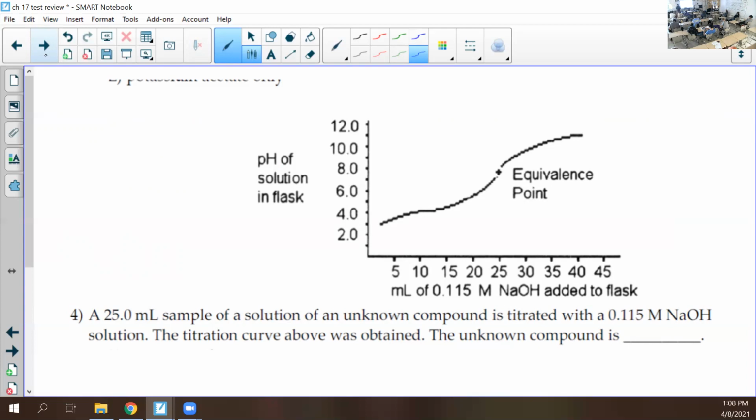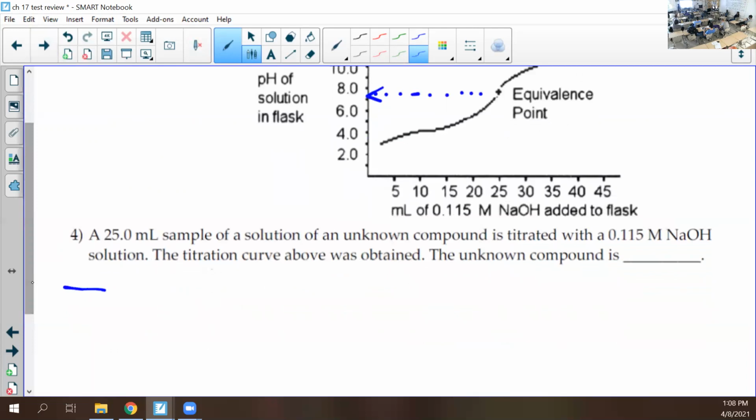A 25 ml sample of the unknown compound. This one's a little tricky. You come over here. You find out the equivalence point is around 7, and then you'll take the pKa of each one of these, and the closest one to 7.2 is where you go. It's in the reading. We kind of went over it.